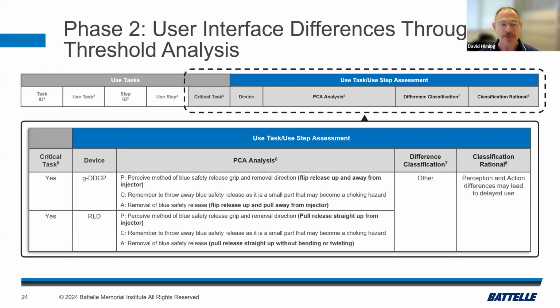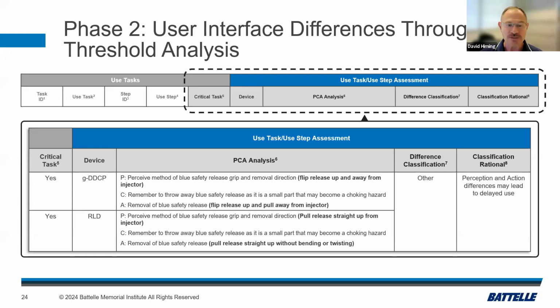The next step is then to look at your PCA analysis of each one of the particular components as it relates to either the generic or the RLD. And you can see how for the generic on line one, we perceived the method of blue safety release grip and removal direction.